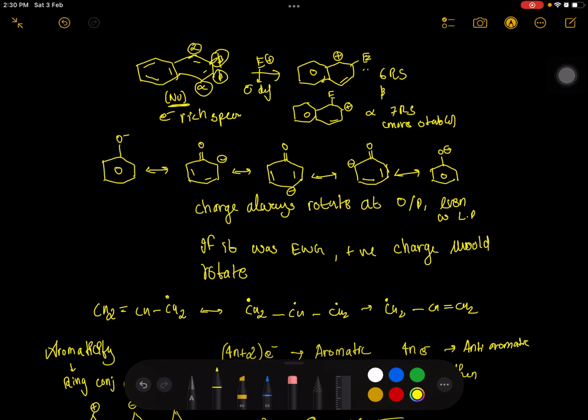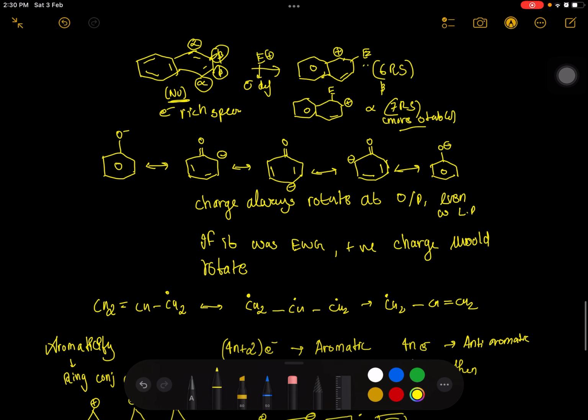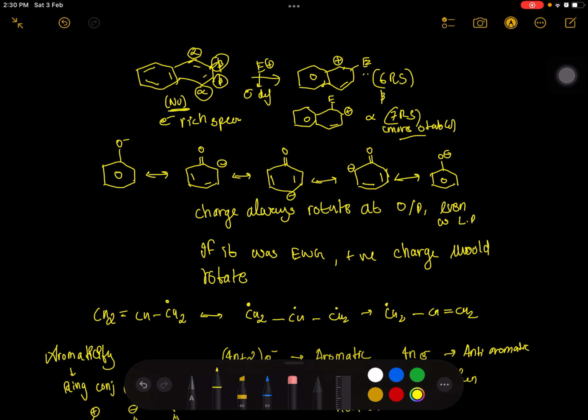Now if we form a carbocation over here by shifting double bond on the beta carbon and we resonate it, we find we have 6 resonance structures. Whereas if we did it in alpha, we have 7 resonance structures, which says it's more stable as there are more resonating structures.